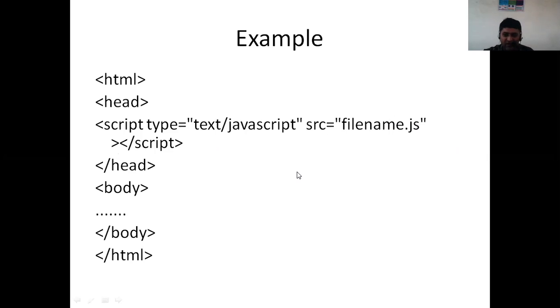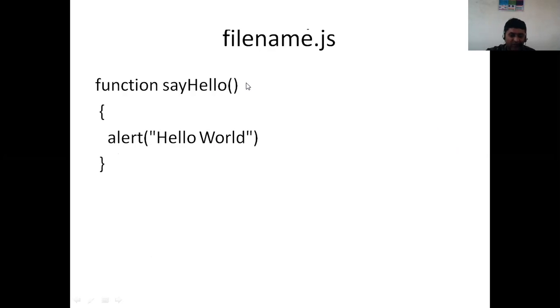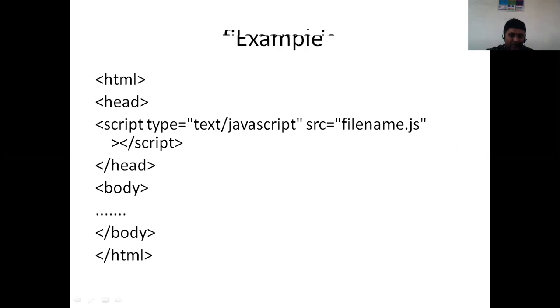That external file we can access using this syntax: script type text slash source file name and script, head close and body close. So this is your external file, for example, and when we load it, when we execute it, your program gets executed. So this is an example of how we can access the external file of JavaScript in the HTML.